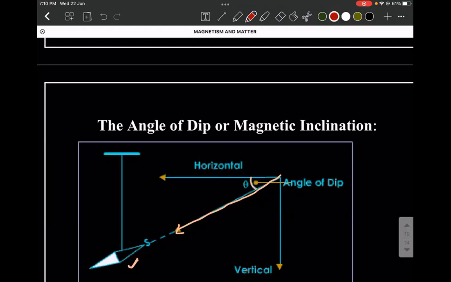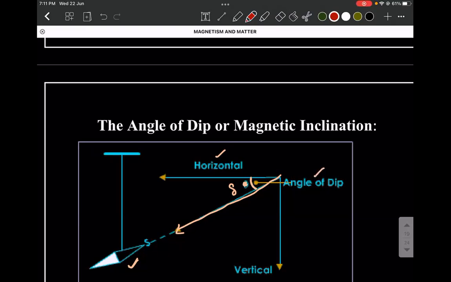Then this angle is called delta, which we call the angle of dip. When the compass needle, instead of being horizontal, gets tilted like this, the magnetic field can be resolved into two components, horizontal and vertical. So the angle made by the magnetic field with the horizontal is called the angle of dip.